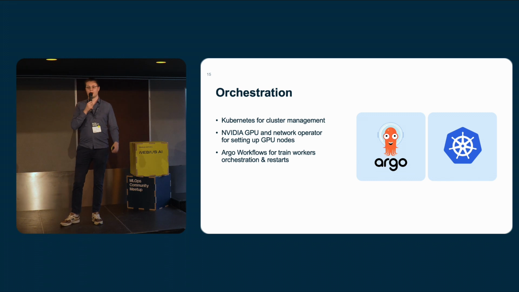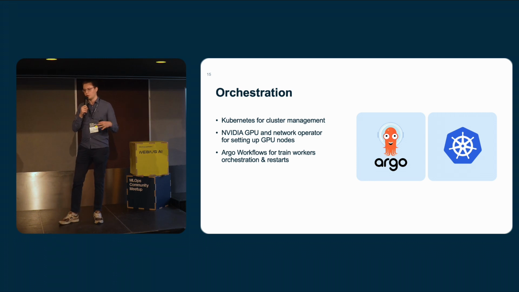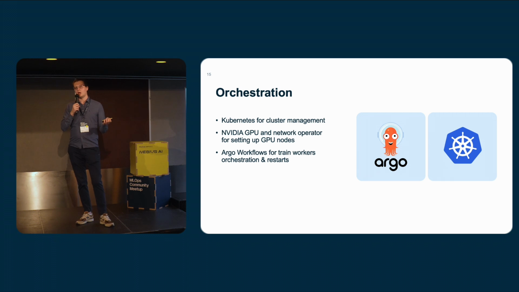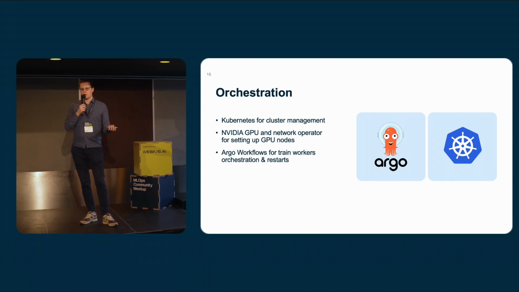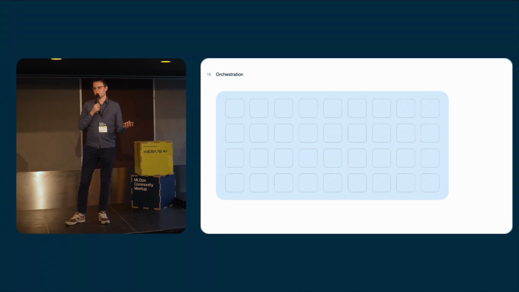To start with, how we approach solving such problems: we are using Kubernetes for cluster management, NVIDIA GPU and network operators for setting GPU nodes up, and Argo Workflows for initializing trainer workers and handling restarts in case of failure.